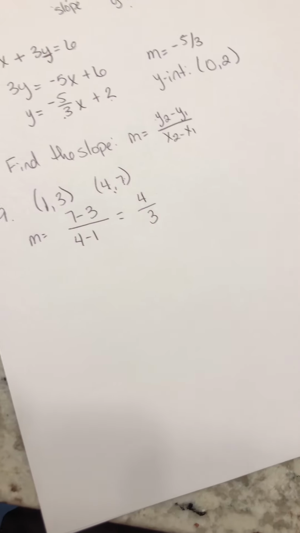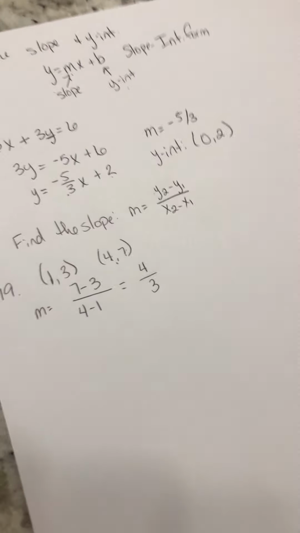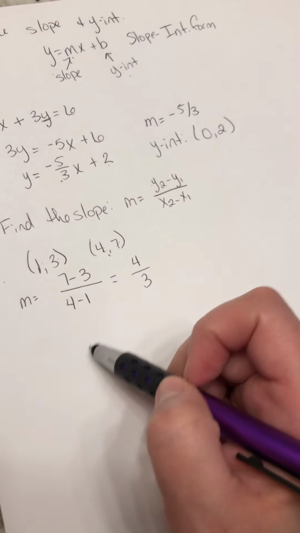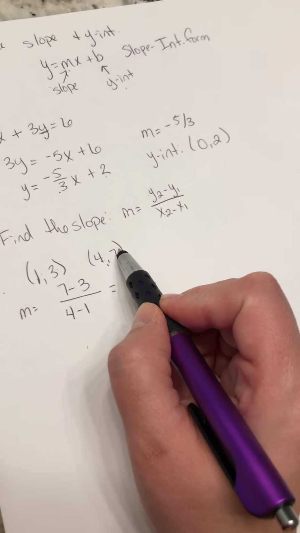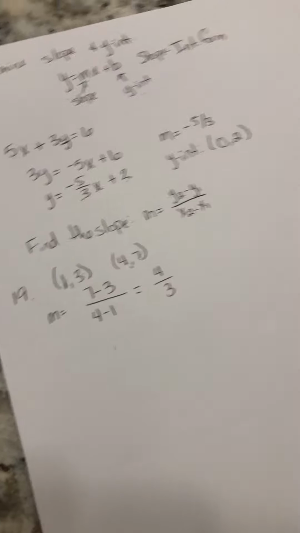I didn't star these either, but be careful and make a note of this. Like I said, one mistake is you'll go 7 minus 3, but then somebody will write 1 minus 4, but that's not the same thing. If you start with this one in the numerator, you have to start with this one in the denominator.